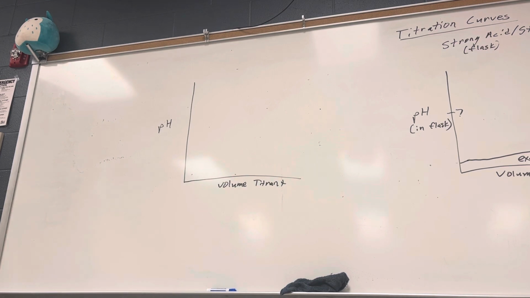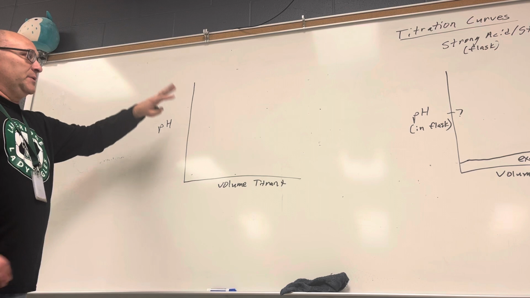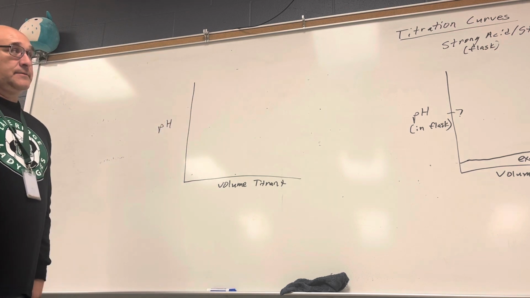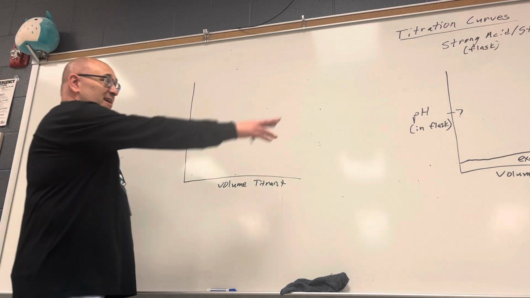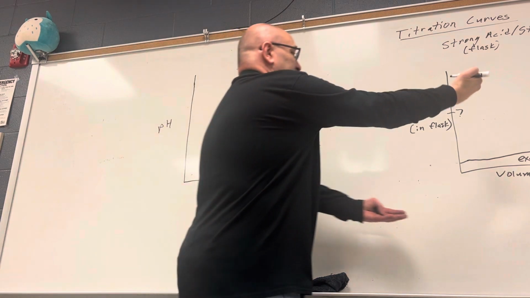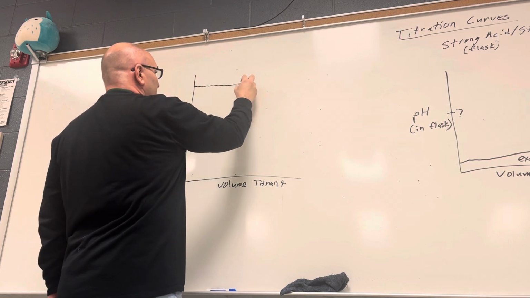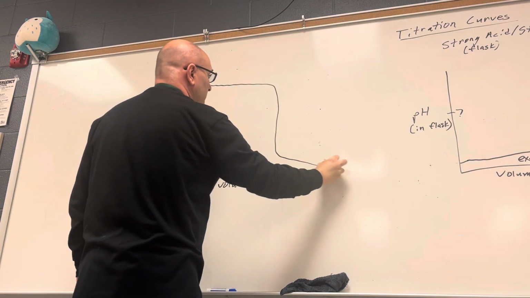So how's this going to look different if we put the base in the flask? It's going to have the same general shape, but now it's going to start high and then go low, so it's going to kind of flip like that. So it's going to look more like this, and then boom, something like that.